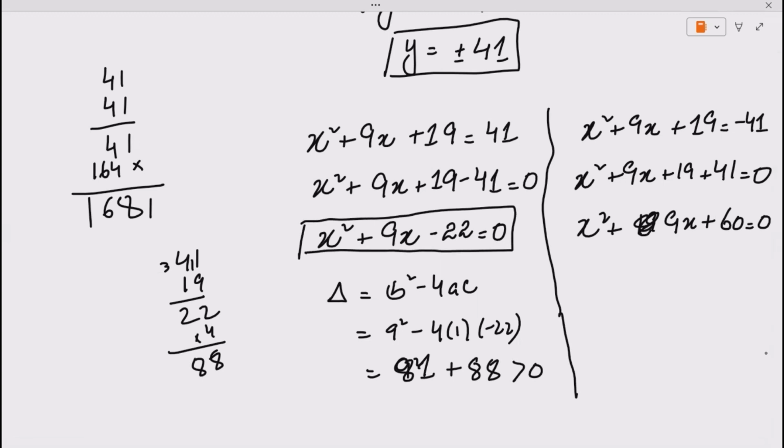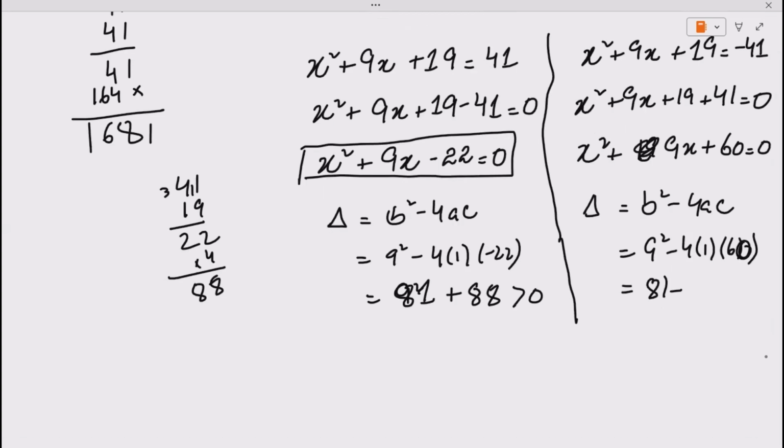Likewise, see this equation as well. The delta equals b square minus 4ac, the determinant. So b square is 9 square, minus 4 times 1, c is 60. Here you can see what we got: 9 square is 81 minus 60 into 4. So 60 into 4 is 240. So 81 minus 240 is less than 0.